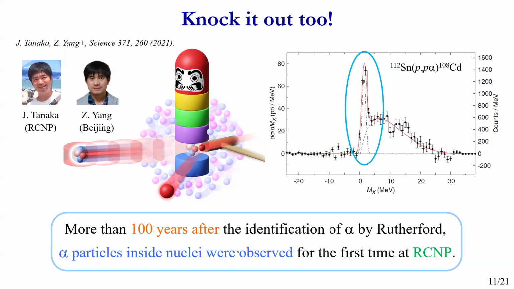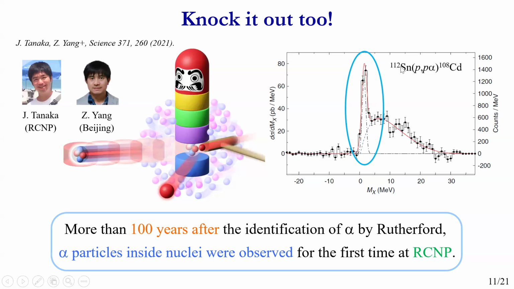And the existence probability depends on the neutron number. And this is a kind of proof of such a prediction. When they measured the (p,pα), they obtained a very good signal of the alpha particle from tin, in this case tin-112, and also from other tin isotopes.